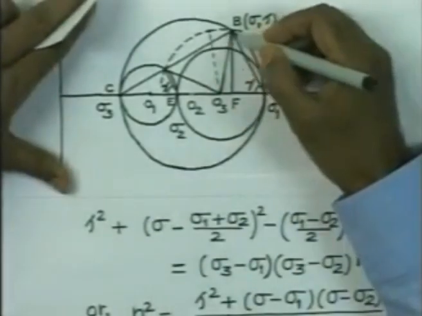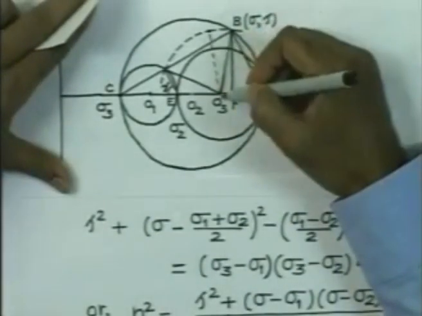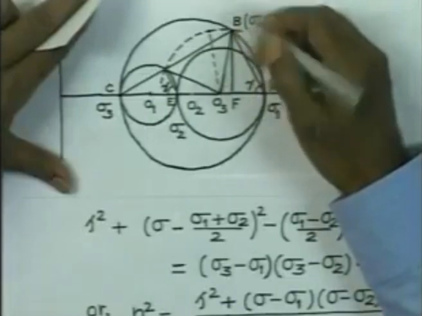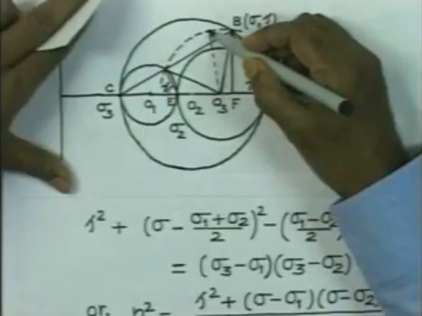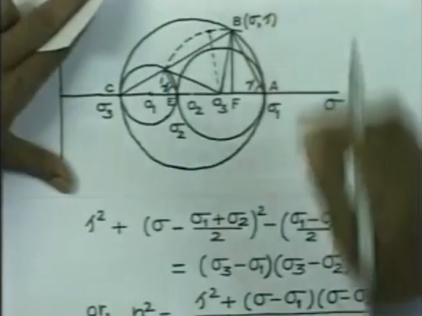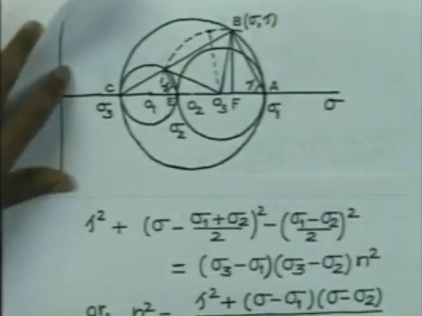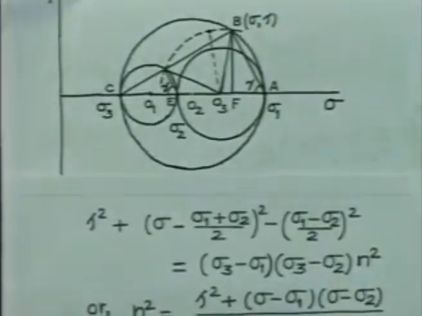What I am saying is that this radius is the same as this radius, and therefore the expression that we have derived will not change. Even if this sigma and tau is lying at this point, it is going to satisfy the same type of relationship, and we will have n square given by this. So stresses are going to lie on this arc.